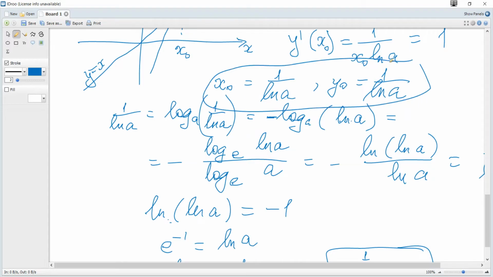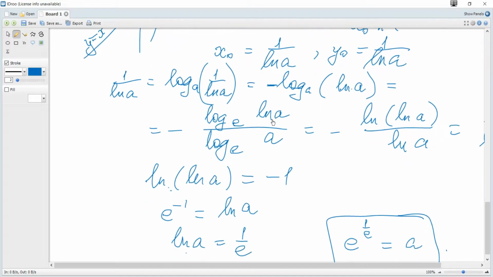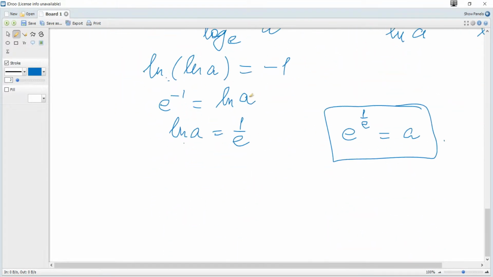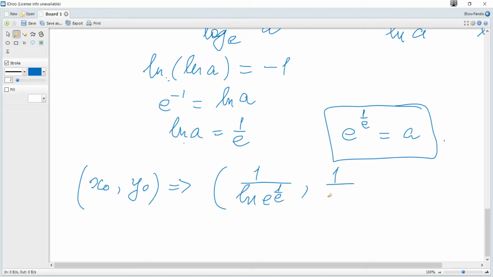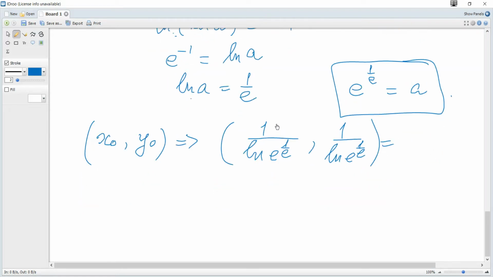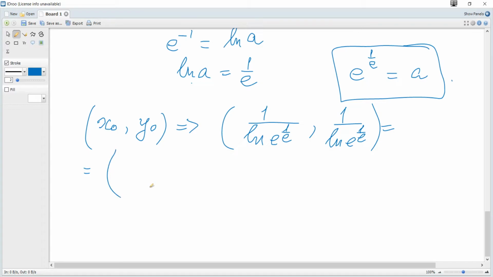Coordinates are here, so x0, y0 becomes 1 over ln e to the power 1 over e, 1 over ln e to 1 over e. And we can see that we can simplify it.